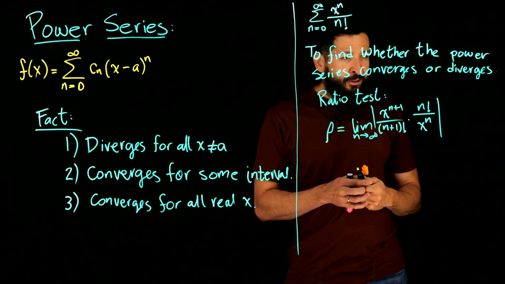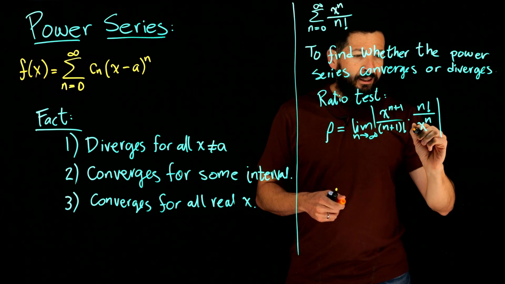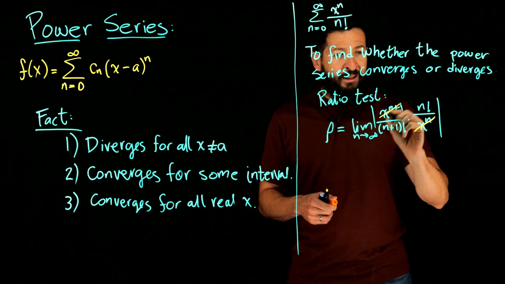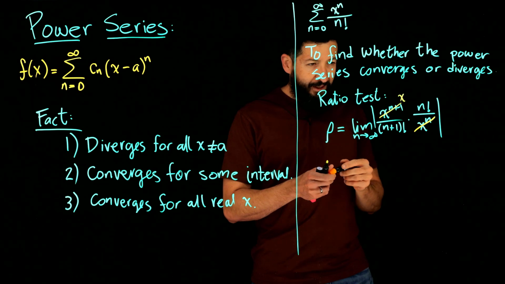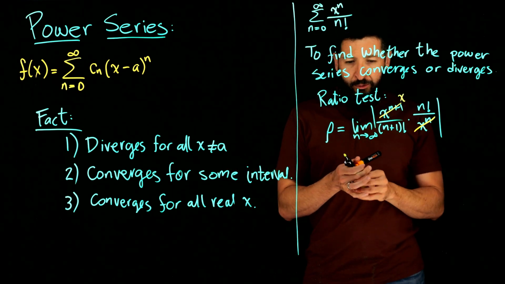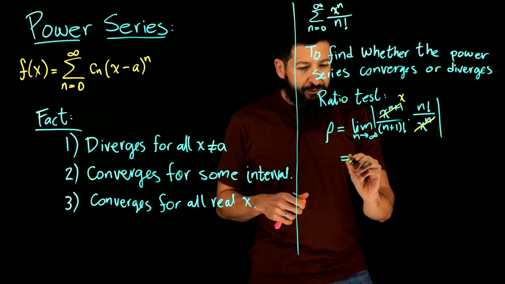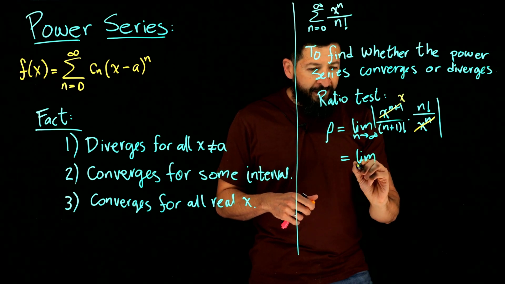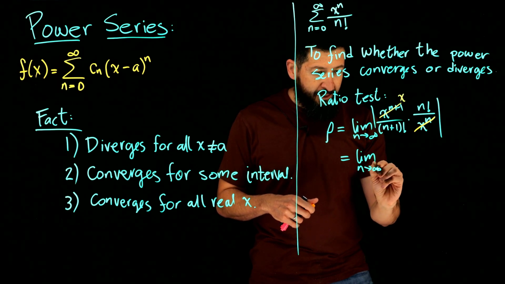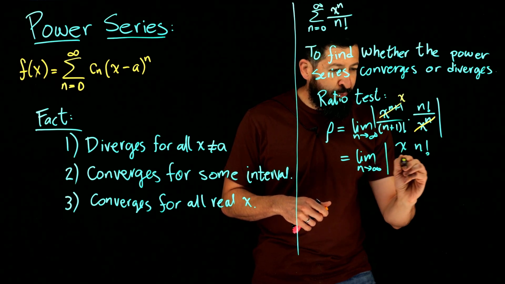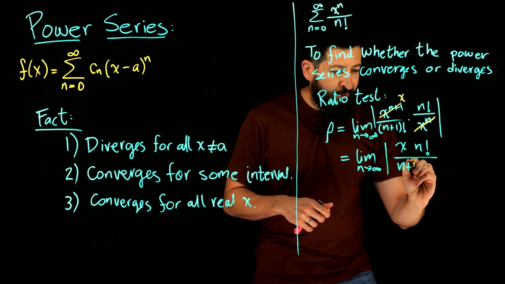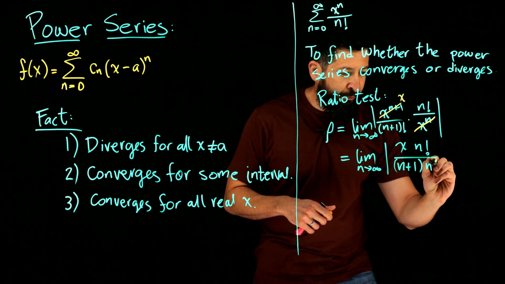And then you notice that the x to the n cancels and it's just going to leave me with one x. And for the (n plus 1) factorial, remember that you can write it as (n plus 1) times n factorial.